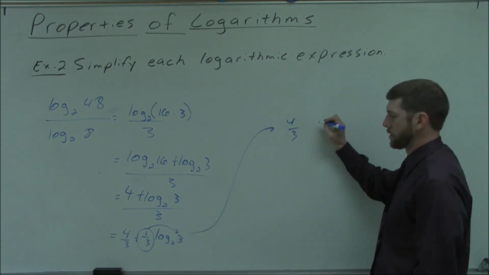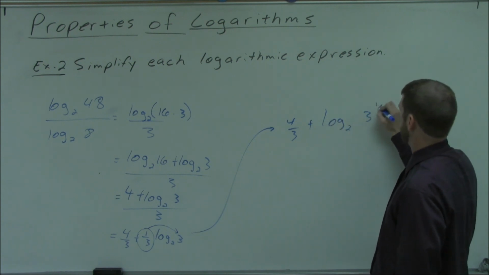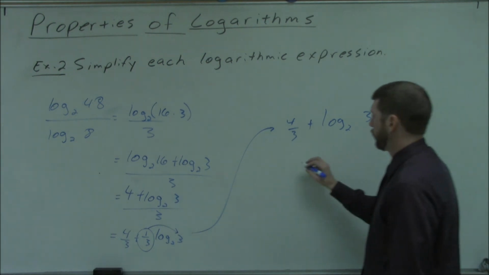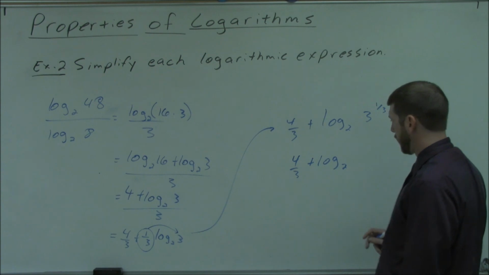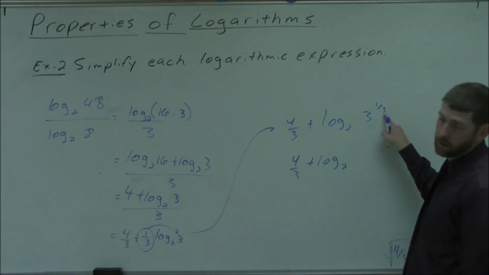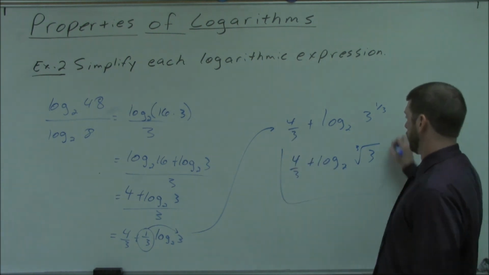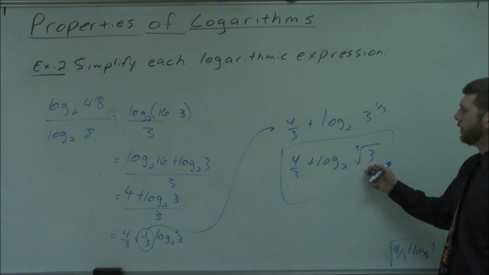So 4/3 plus log base 2 of 3 to the 1/3, which you can leave like that if you want to. If you recognize rational exponents, I'll give you a little peek into them. A 1/3 exponent is a cube root, as we saw earlier when we had 8 to the 1/3 equaled 2. Cube root of 8 is 2.